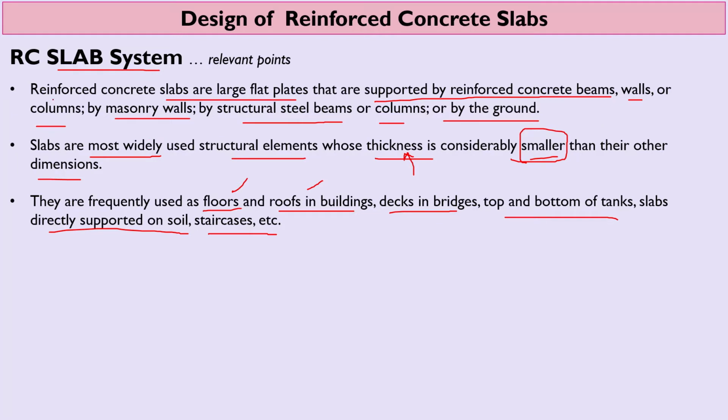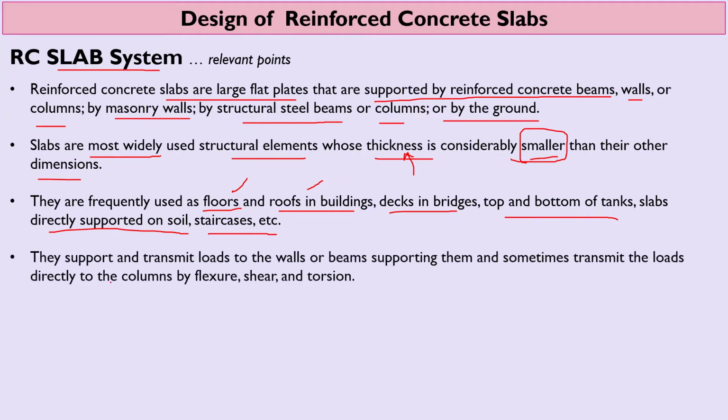They can be directly supported by soil, or they can be supported by beams, walls, etc., whatever we discussed in the first point. That means the supporting system of a slab can vary. You can directly place it on the soil, or you can place it at some height with the help of columns or beams. Or there may be a wall type of construction, so you can place the slab directly on two walls, and that slab will be supported by walls.